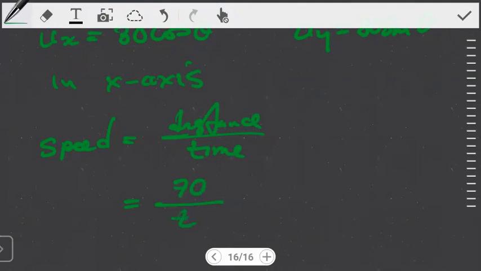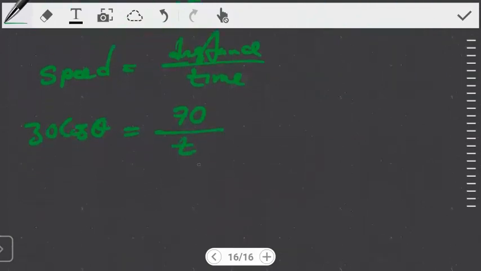The speed of this projectile is the horizontal component, which is 30 cos theta. From here, we can make t the subject of the formula, and this expression becomes t is equal to 70 over 30 cos theta. Let's hold on to this as our equation 1.